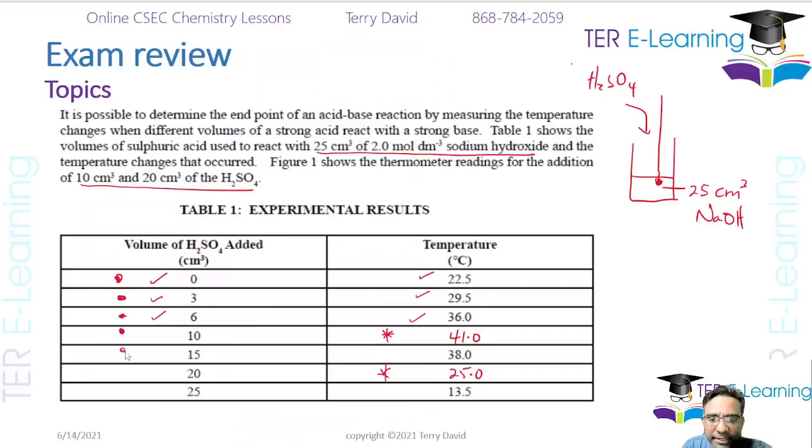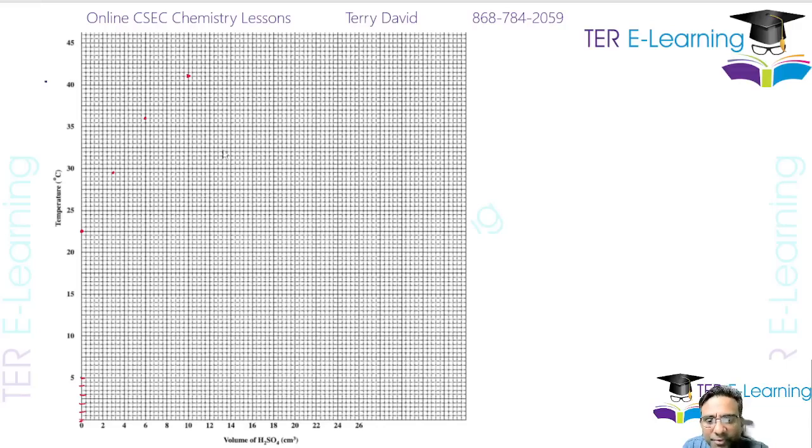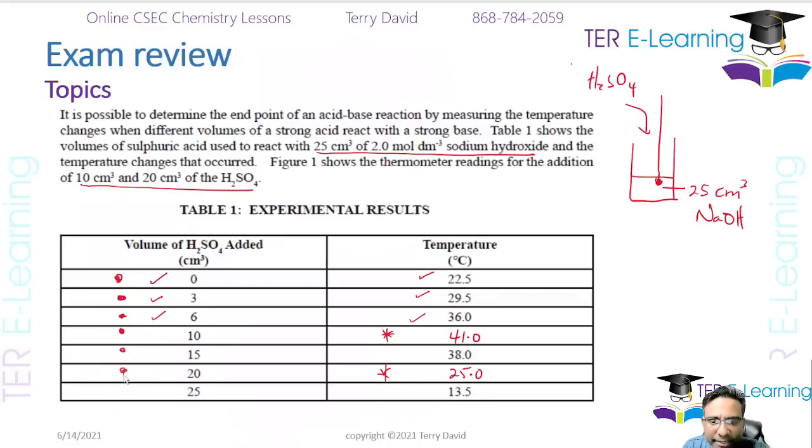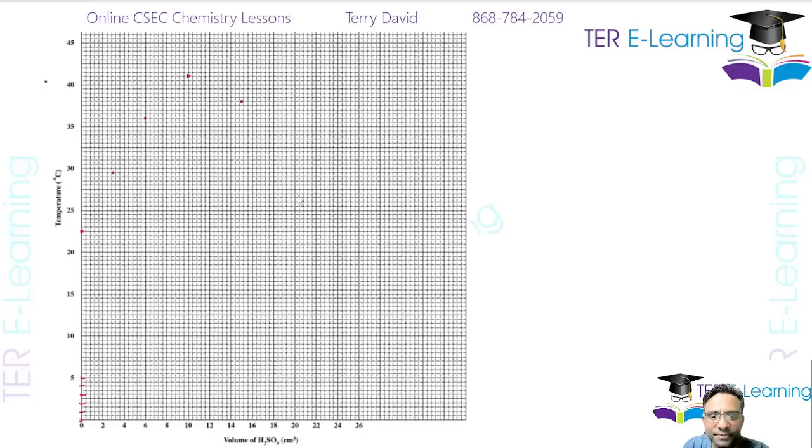The next value we're plotting here is 15 against 38. So the temperature is on the drop now, right? 15 against 38. This is 35, 36, 37. That's about here, right? Next point I'm going to plot is 20 against 25.